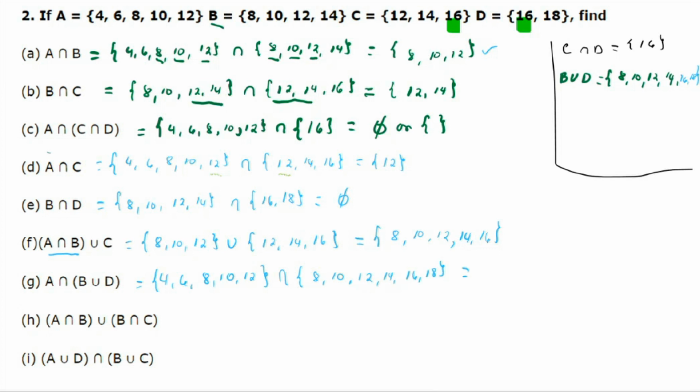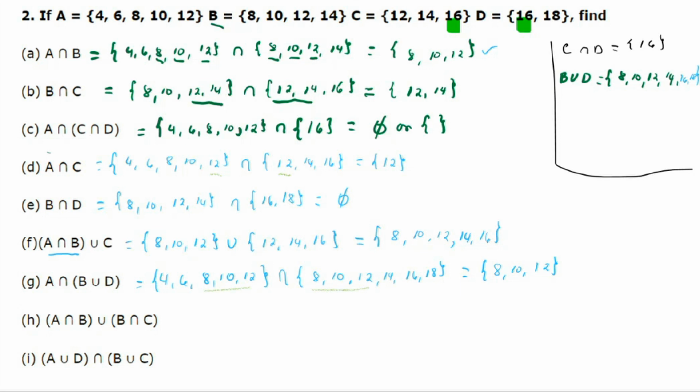Let's find the intersection between these two sets. We have 8, 10, and 12 here, and we also have 8, 10, and 12 here. Therefore, that is the intersection between these sets. So the answer is 8, 10, 12.